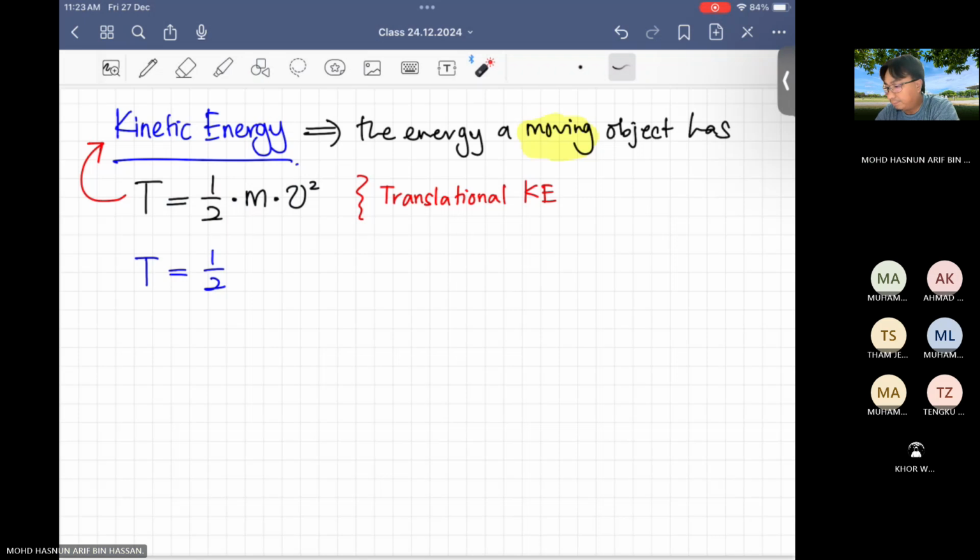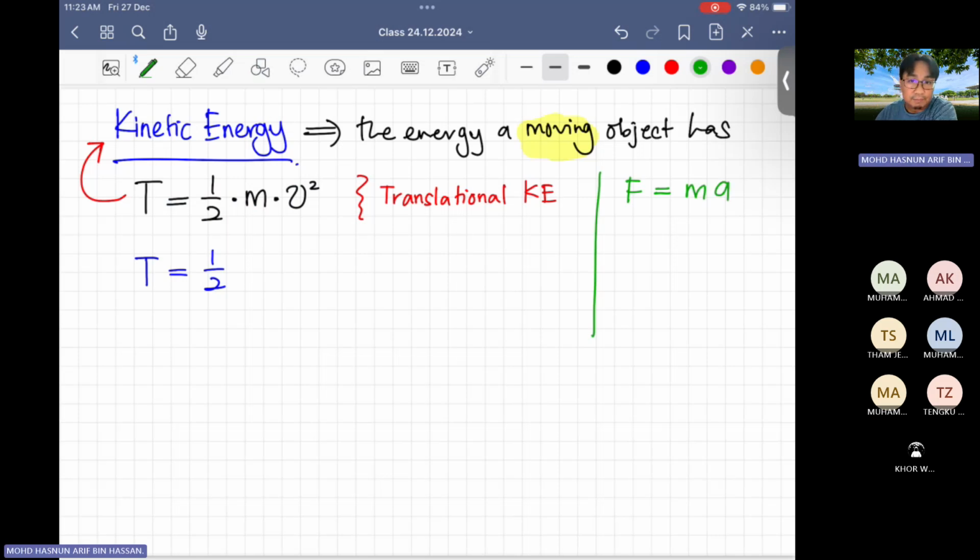If the translation is mass, what about rotation? What have you learned in chapter 2? Let's go back to chapter 2. We have F equals to MA. This is the linear. When it comes to rotation, what do we have?